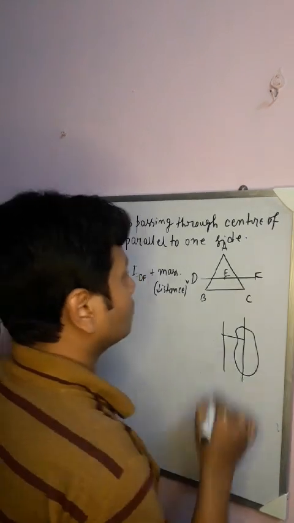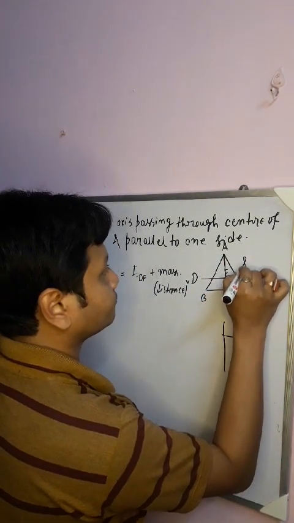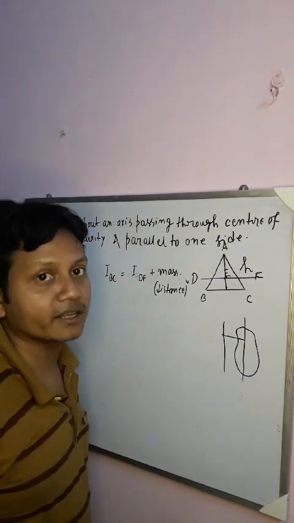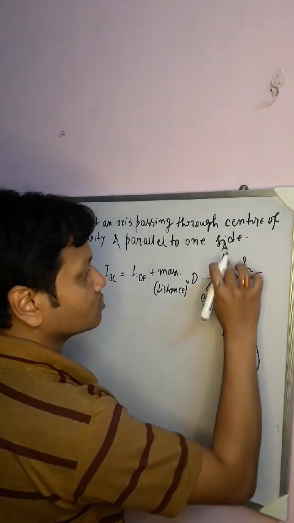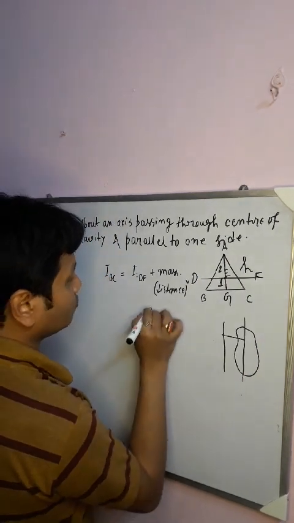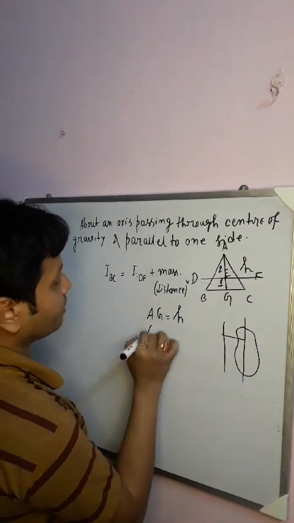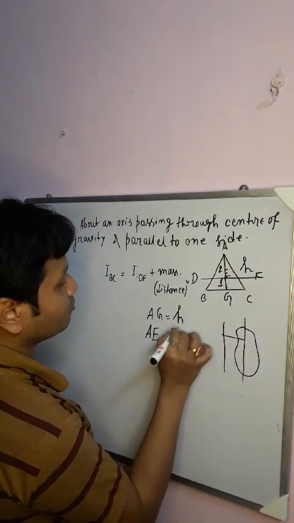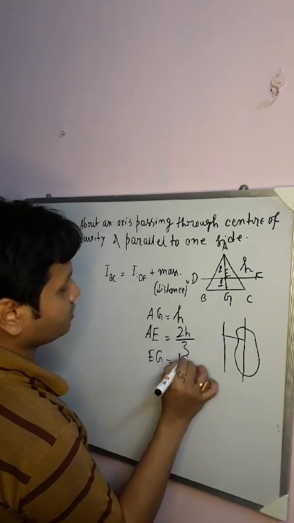Now if we consider the total height is h, now we know this is the centroid, that means this is 2:1 ratio. Fine. So say G. Okay, so if AG is h and E is the centroid, that means AE is equal to 2h by 3, and EG is equal to h by 3.